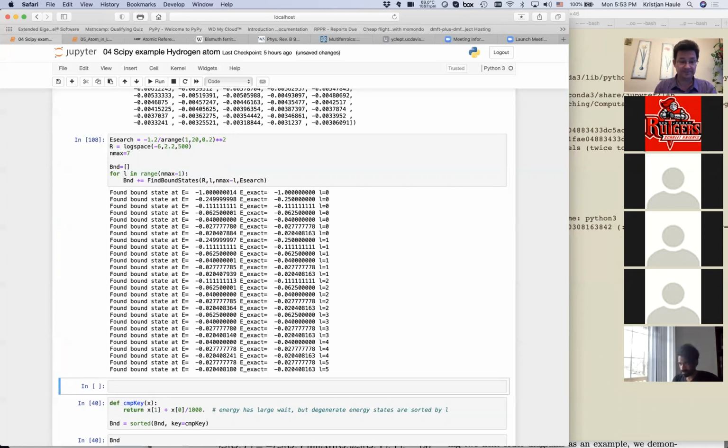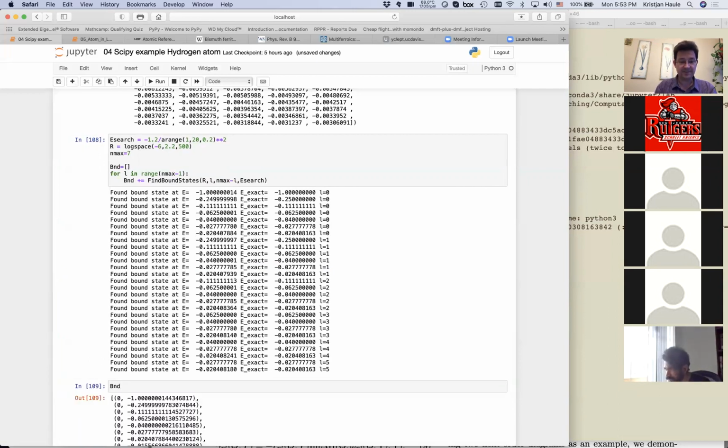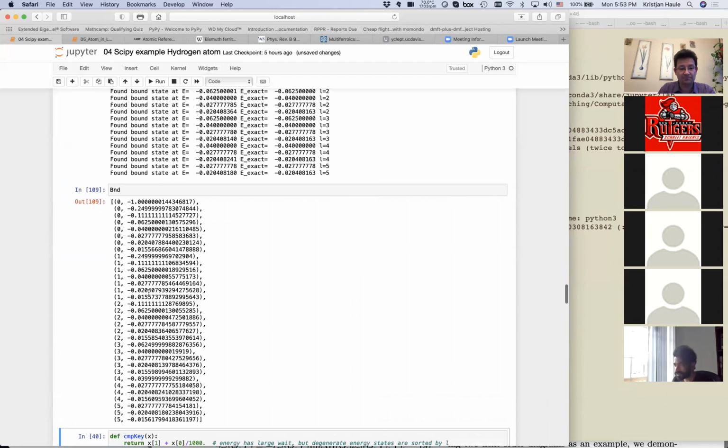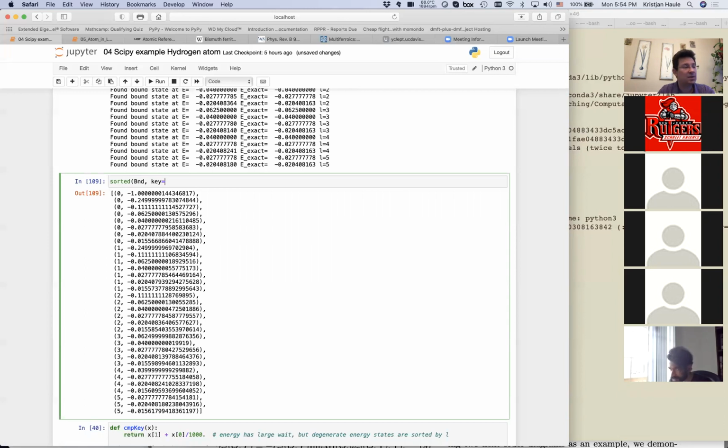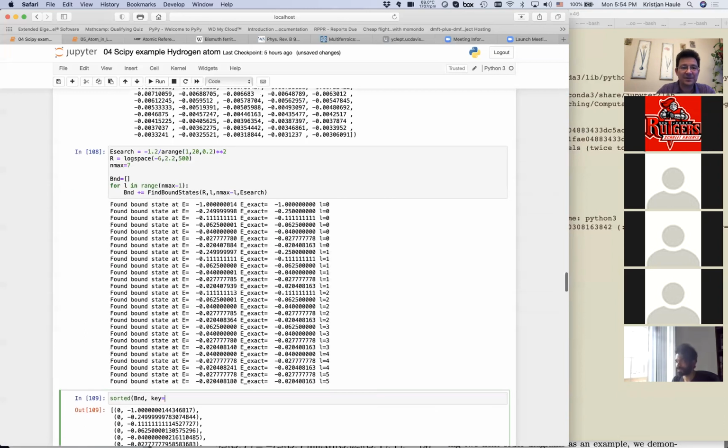I have these B and D's, isn't it? And so this is a list. The first index is L. The second index is energy. So what's the problem? I can just do sorted, and then I can say key is equal to, just a second, how does it work?